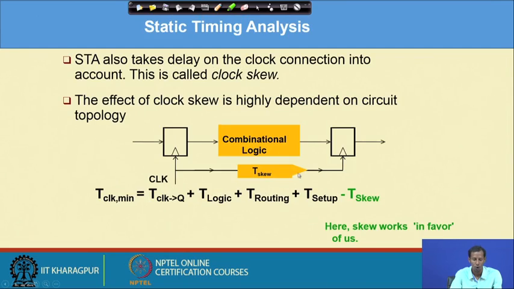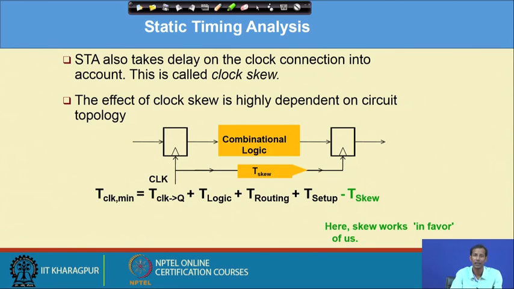So, all these things will come whenever we are computing this T clock minimum. But then again, if the clock has some skew, what is the meaning of clock skew?